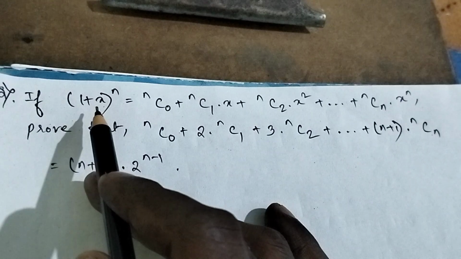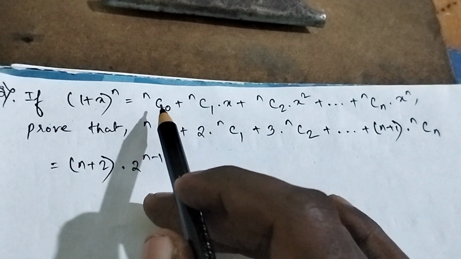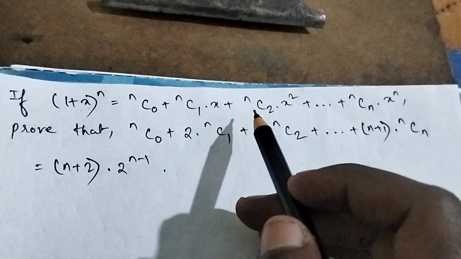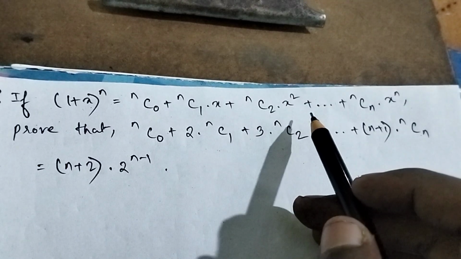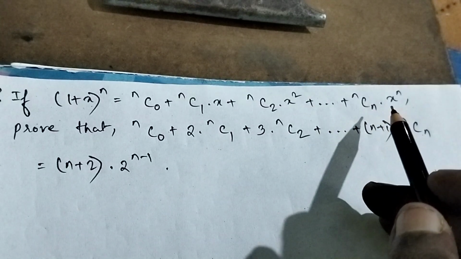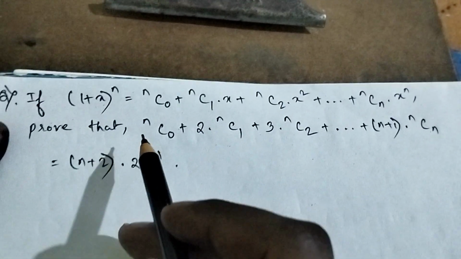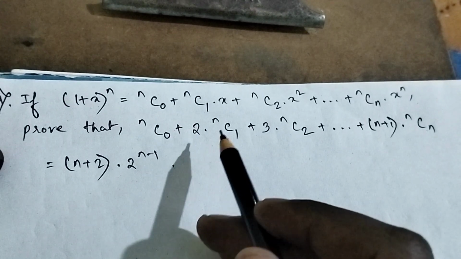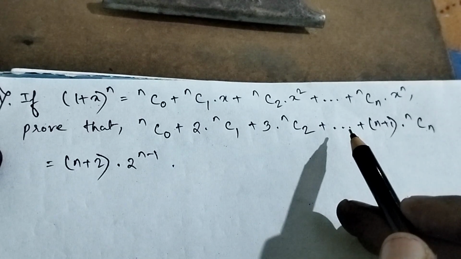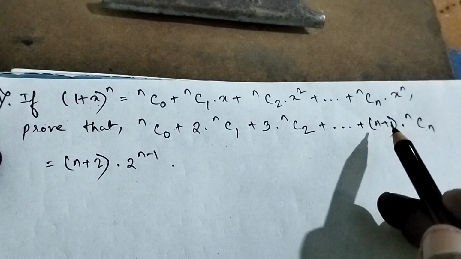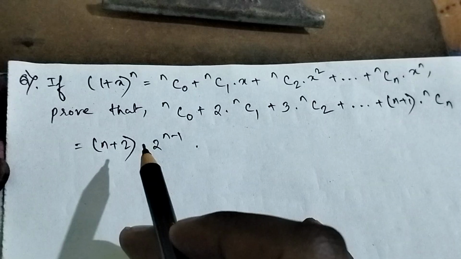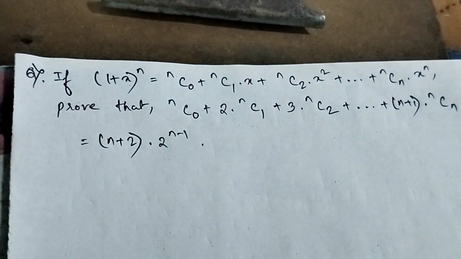If (1 + x)^n = nC0 + nC1 x + nC2 x^2 + ... + nCn x^n, then prove that nC0 + 2 nC1 + 3 nC2 + ... + (n+1) nCn = (n+2) 2^(n-1).